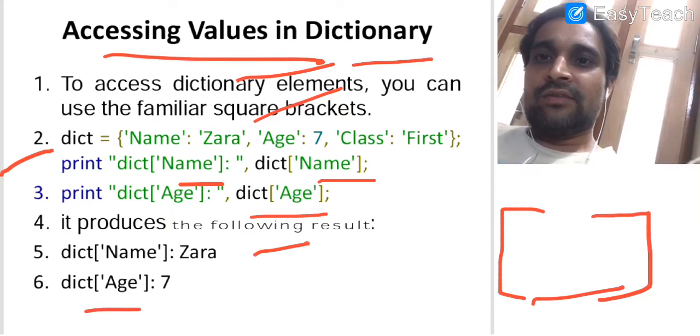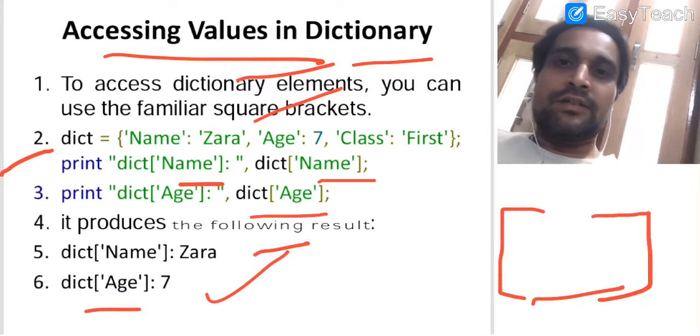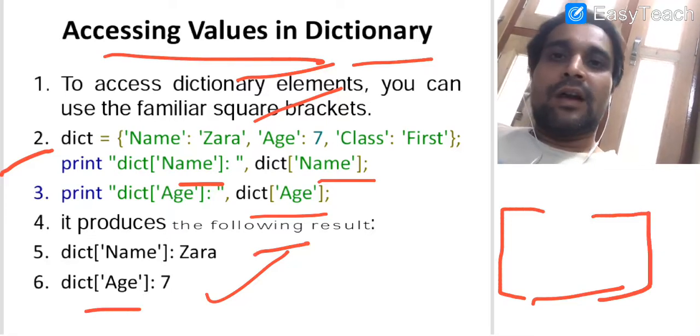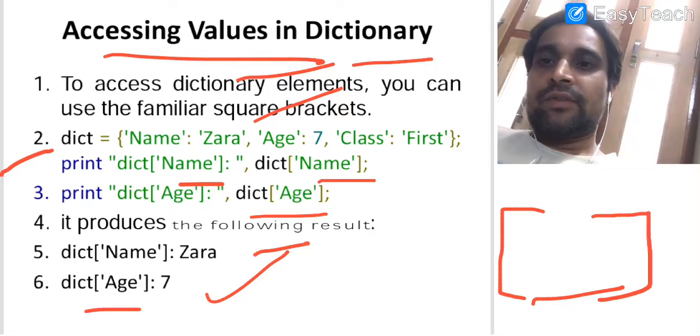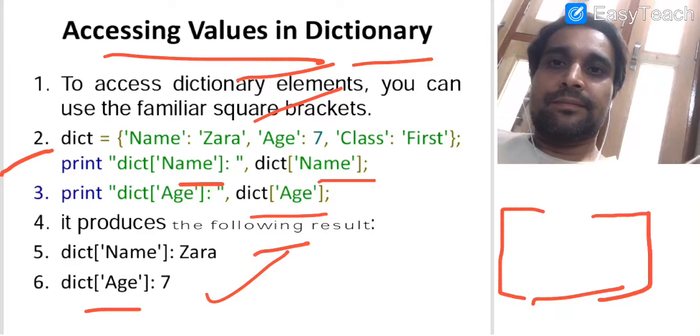DICT age has value 7, so value 7 is printed here. So the concept here is that if you want to print the value of a corresponding key available in the dictionary, it will show you the corresponding value if the item is available in the dictionary.